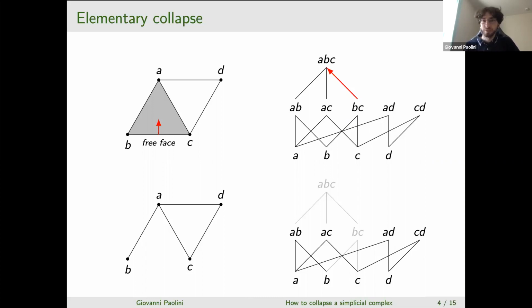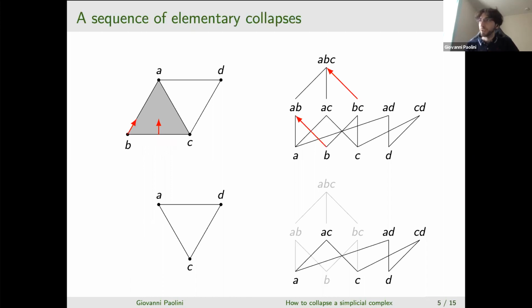As you can easily see, we can go on doing elementary collapses in this example here, at least once more, because there is the vertex B, which is also a free face now. It is a free face of the edge AB. So we can do another elementary collapse. And we end up with a triangle ADC without the interior.